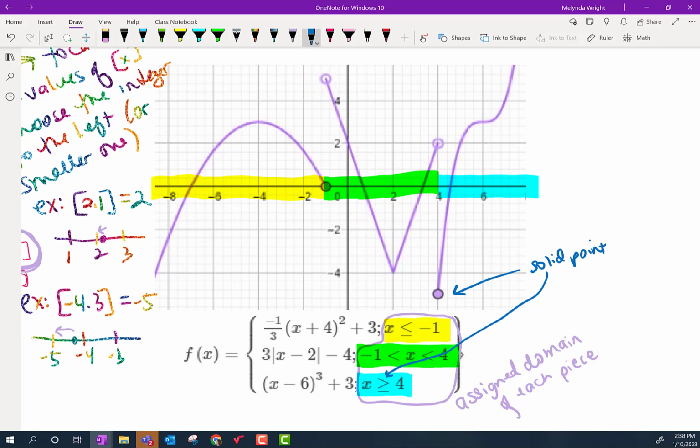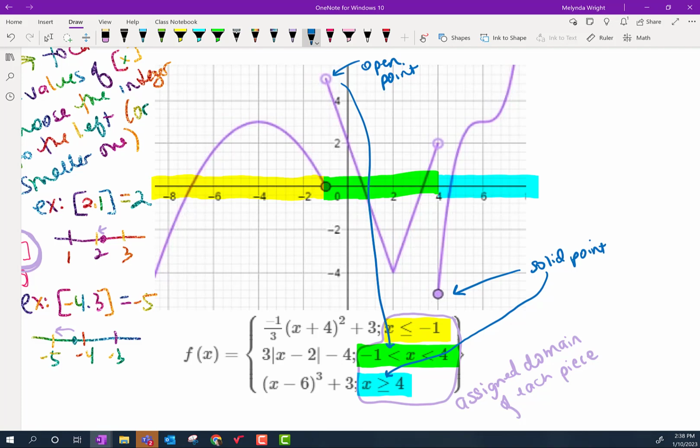Let's look at an example of an open point. This one is an open point at -1 because that is just a less than. -1 is less than x, not or equal to.